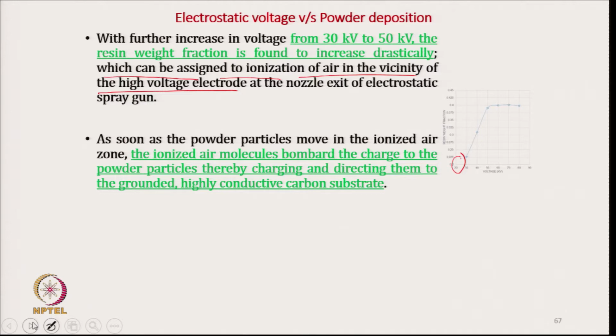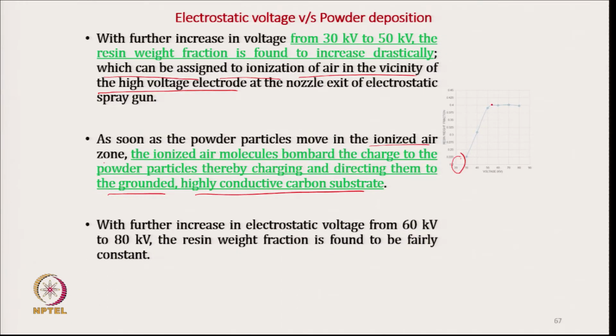As soon as the powder particles move in the ionized air zone, the ionized air molecules bombard the charge to the powder particles, thereby charging them and directing them to the grounded, highly conductive carbon toe. So, that will automatically be deposited on the carbon toe.